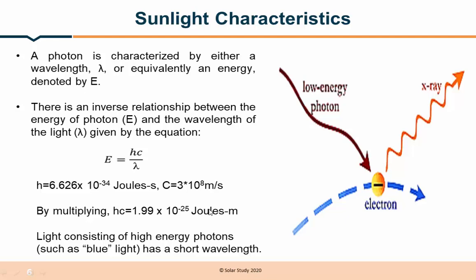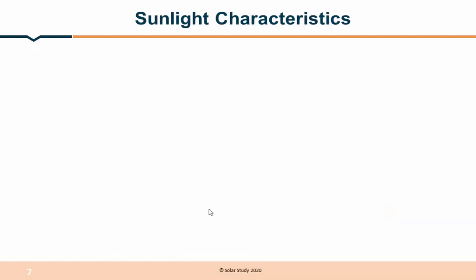So consider the high energy photon. Why high energy? Because it contains high frequency. So blue light contains high frequency, but the wavelength is very small. Why is the wavelength very small? Because frequency is inversely proportional to the wavelength.